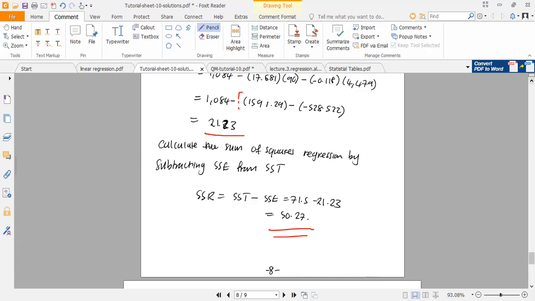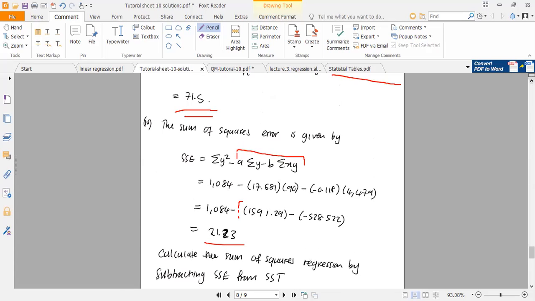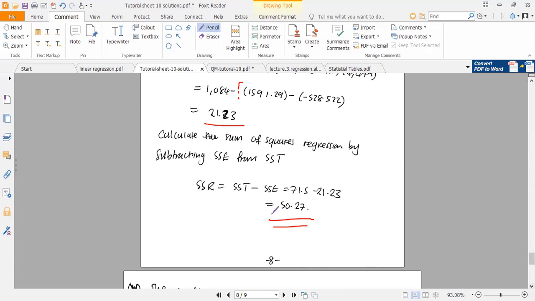So take note of the sum of square error, which is summation of y squared minus a summation of x, a summation of y minus b summation of xy. When you get this, the difference between sum of square total and sum of square error will give you the sum of square regression.